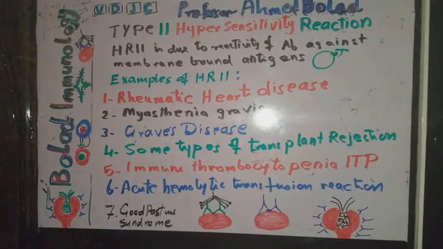That is to say, the antigens are not circulating or free antigens. This is in contrast to hypersensitivity reaction type 3, where the antibody and the antigen are free and have the capacity to circulate and reside.